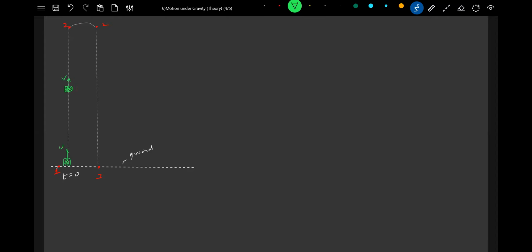Here the retardation is g. So from 1 to 2, what is the type of motion? Uniform retardation. 2 to 3, it will be freely falling. And what is the state of the object at 2? It will come to instantaneous rest.